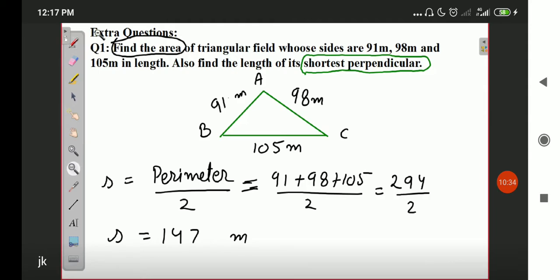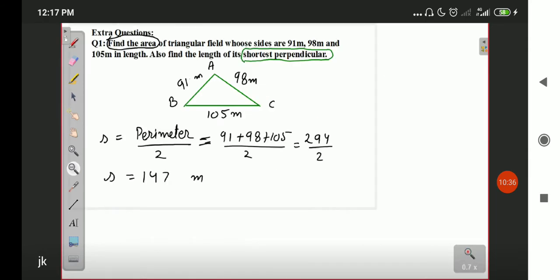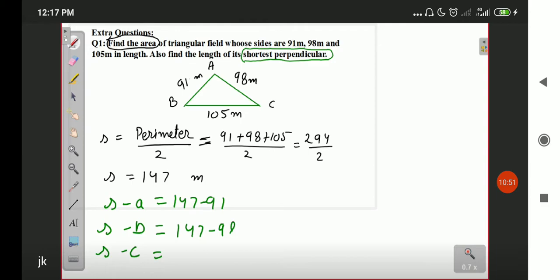Next, we have to determine the value of S minus A, S minus B, S minus C. S minus A is 147 minus 91. S minus B is 147 minus 98. S minus C is 147 minus 105. 147 minus 91 will be 56.